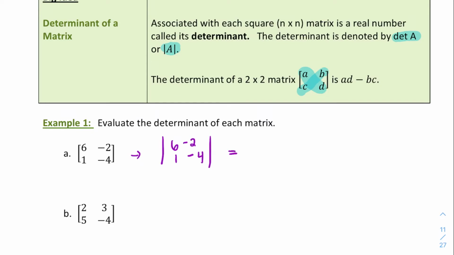So my vertical bars say find the determinant of this. And then you'd multiply 6 times -4 minus your other diagonal, -2 times +1. And you're going to end up with -24 plus 2, -22.